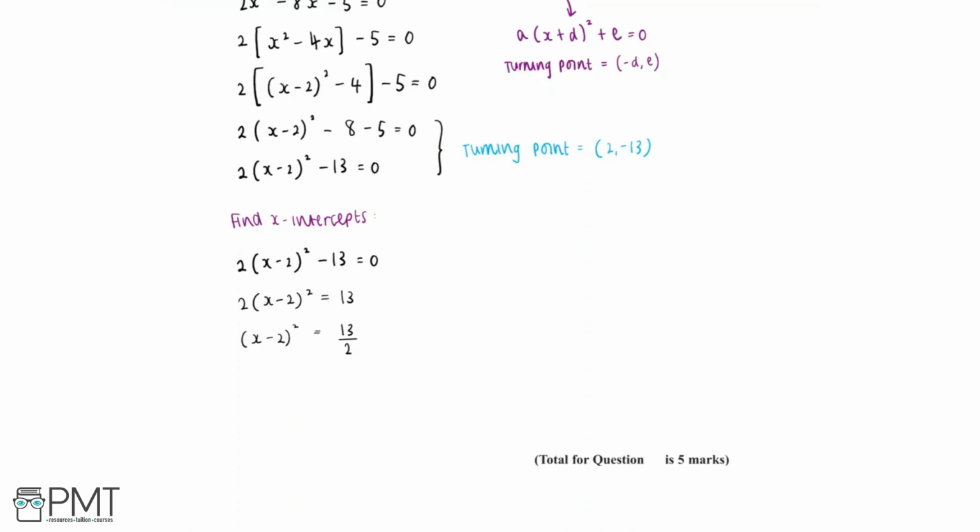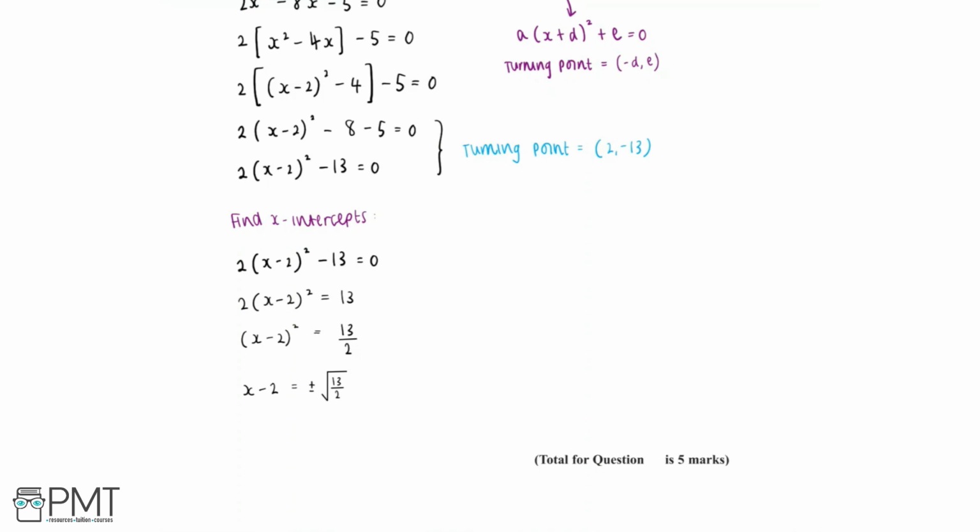And so the square root of (x - 2) all squared would be equal to x - 2. And the square root of 13 over 2 would be plus minus root 13 over 2. And the plus minus is really important, because we know that when we square root a number, it could have a positive and a negative solution.